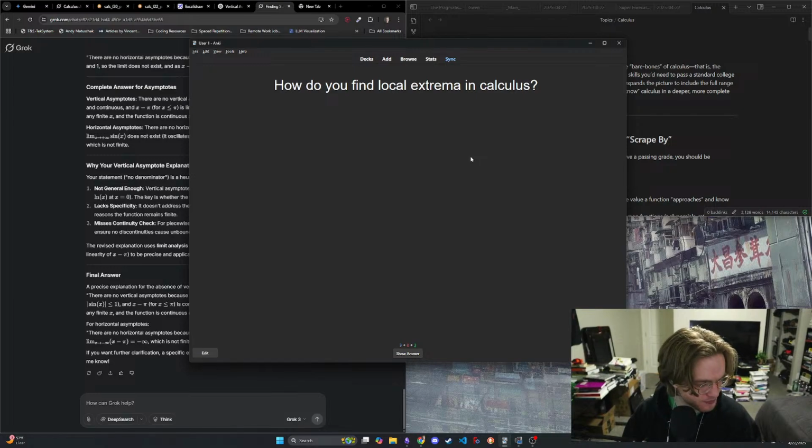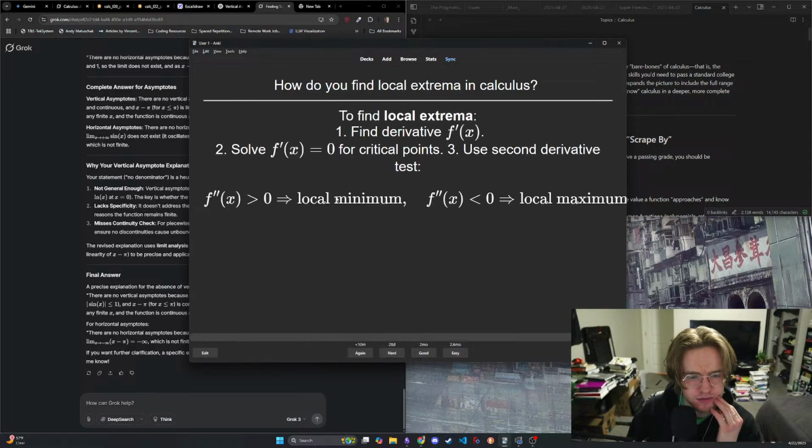So we find 0, and then find the derivative. Oh, okay. That's not it. We have to find critical points.